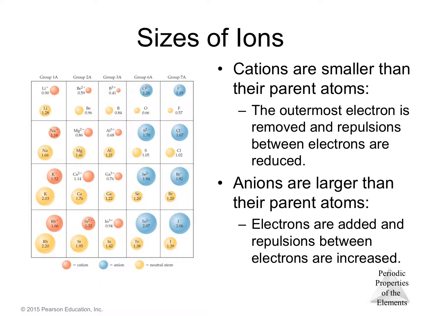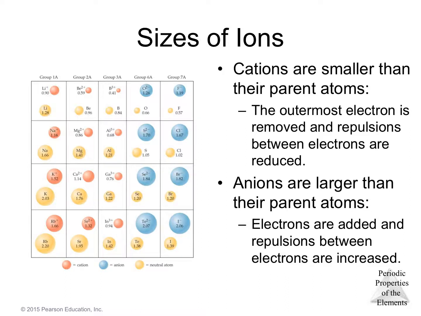What you'll find is that this is different if we're dealing with a positive charge, a cation, or a negative charge, an anion. In the table to the left, all of the yellow represents neutral atoms. The red are ions that are positive, and the blue are ions that are negative.